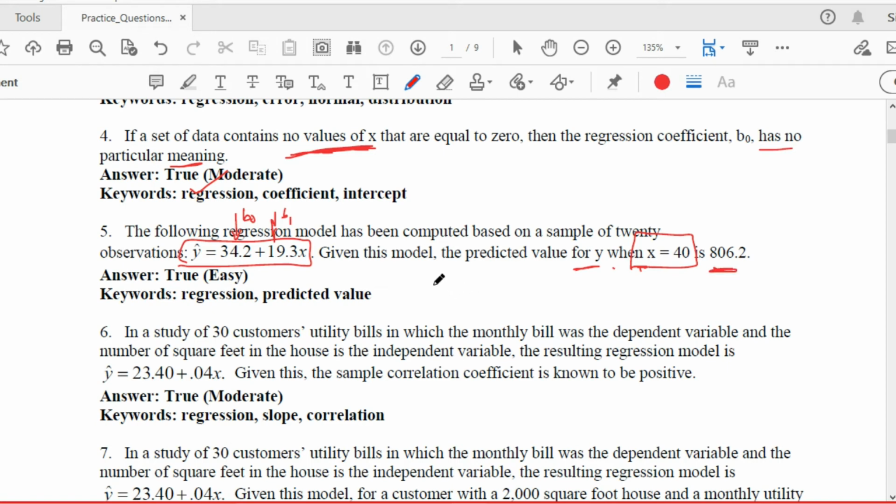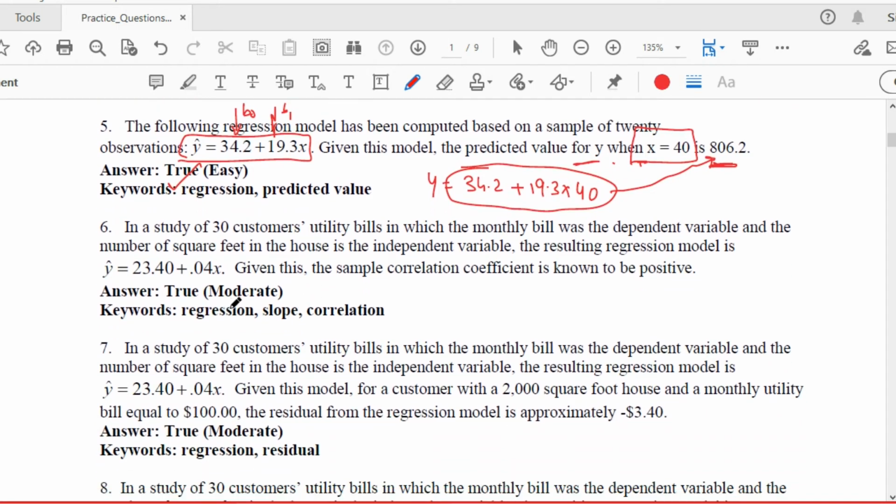So they are asking the value of y when 34.2 plus 19.3 multiplied by 40. Let's see whether this value is equal to 806 or not. Yes, this value is equal to 806, so this statement is true.